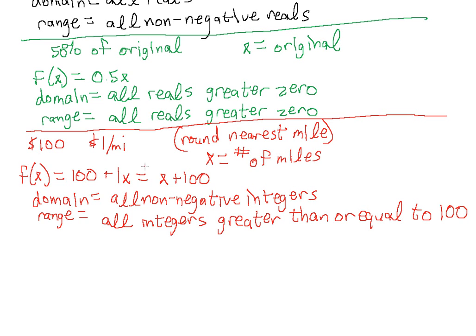If we plug in 0 for x, 0 plus 100 is 100. So all integers greater than or equal to $100 is the range for the function of this transaction.